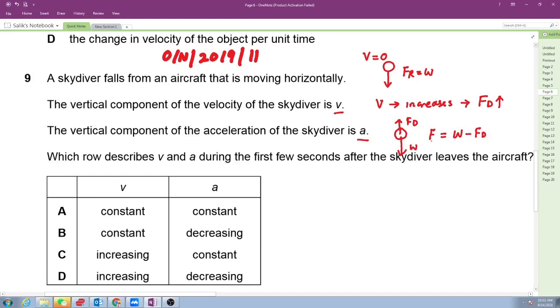When the resultant force decreases, according to the equation F equals ma, the acceleration decreases. So our correct answer is: v is increasing as the object goes down while the acceleration is decreasing.